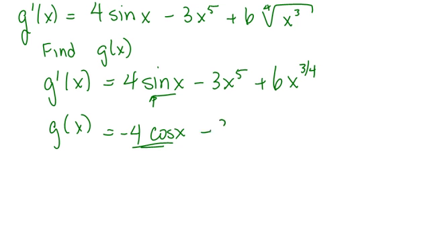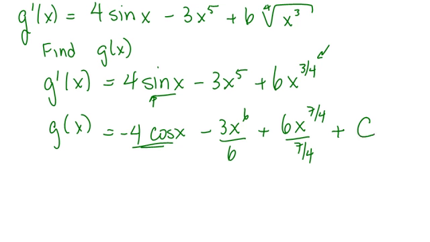Next one, we're going to take the exponent and raise it by 1 and divide by that exponent. Same thing with the next one. And now that you've got a little bit of radicals under your belt, you're going to add 1 to this one right here. So that's 4/4, which is 7/4, and you're going to divide by 7/4. Simplifying this, and remember that it could be any constant, because when you take the derivative, that disappears.